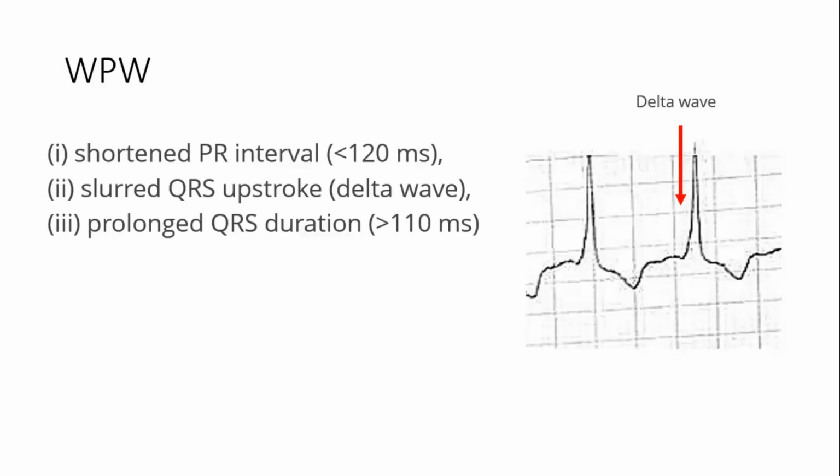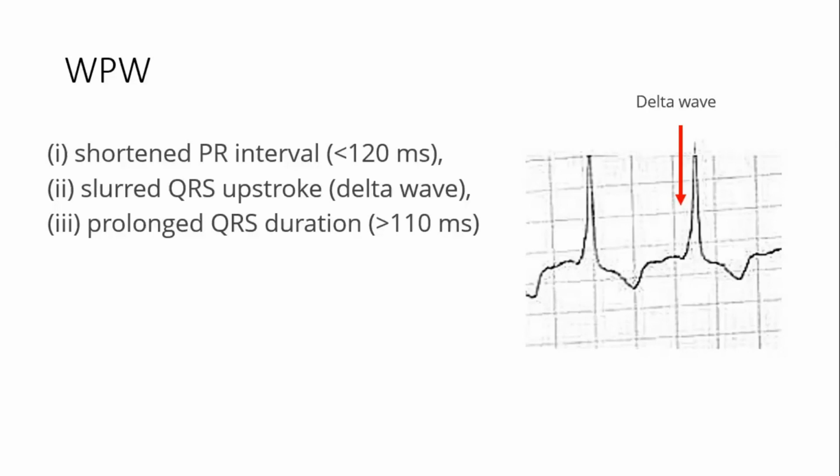Any participant who can tell me why a delta wave is formed? I hope you have seen this 1,000 times. So what makes a delta wave? Becoming a cardiologist, you should know that.